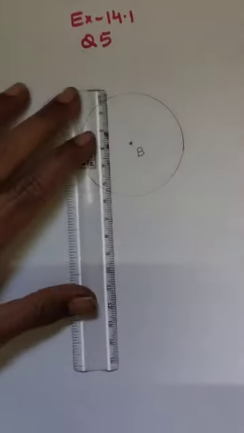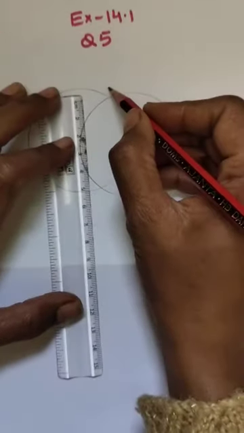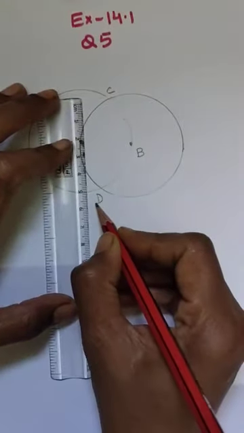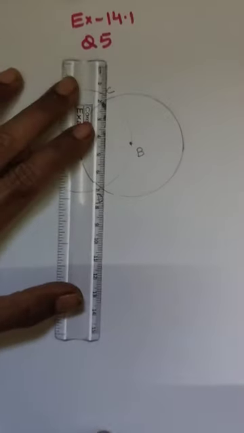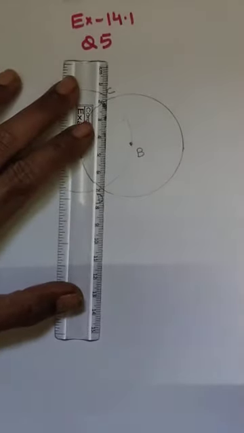Let us join them now. Let them intersect at C and D. Okay. Examine whether AB and CD are at right angles. So you have to join CD.